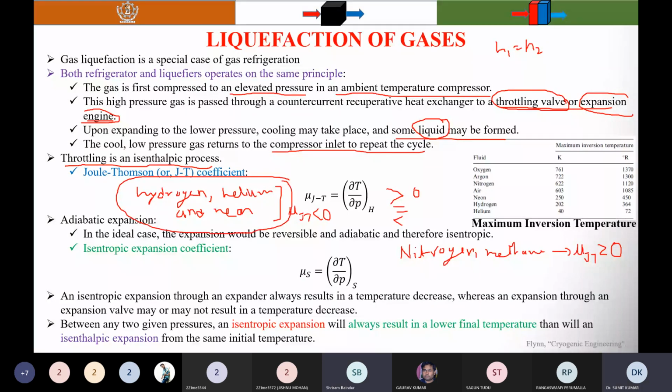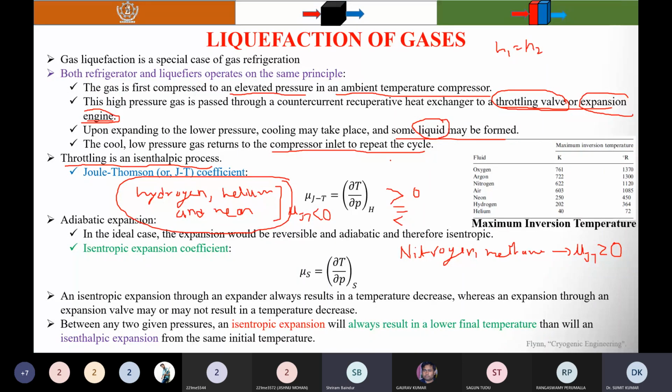Sir, why would we use hydrogen, helium, and neon for cryogenic purposes if they are already heating up in the throttling valve? Throttling is used for the expansion to reduce the temperature, because when you reduce the temperature, the gas is converted into liquid.